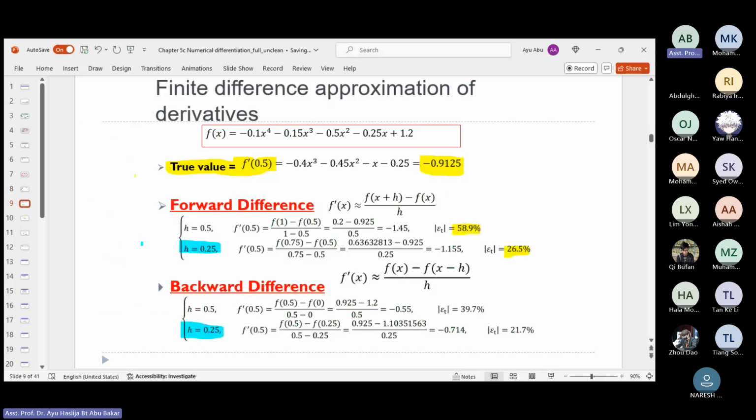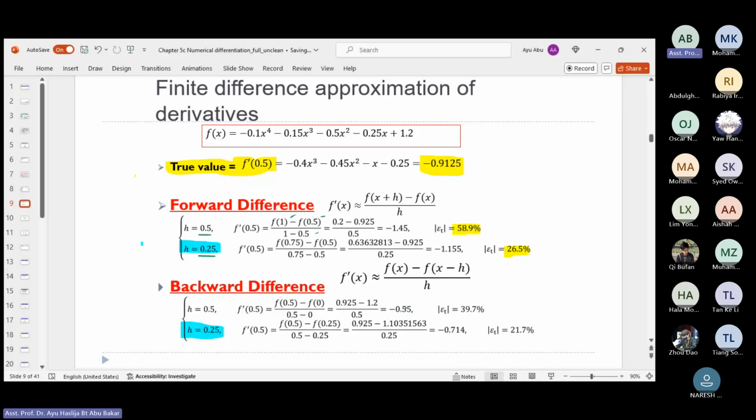Okay, actually the answer is already here. So this is the same as what we did just now. Substitute all the data f(x1), f(x plus h), f(x). This one is the h, for forward with h 0.5 and 0.25.